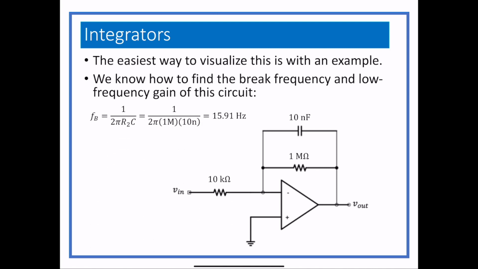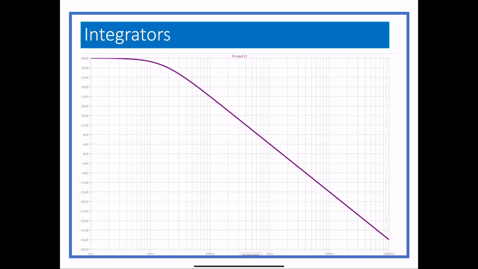We can find the break frequency as 15.91 hertz, so that's really, really low, and we can find the gain of 40 dB. And we can plot the output, and you notice that the break frequency is right there as we expect. And the gain is 40 dB.